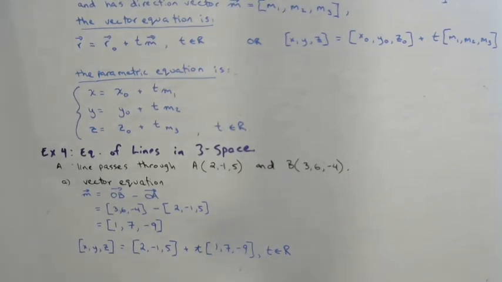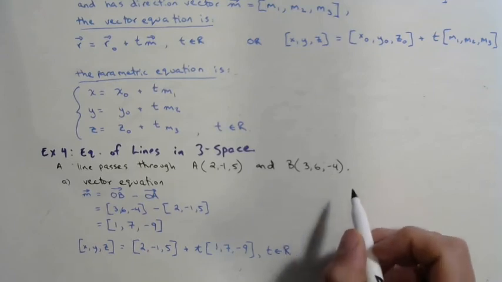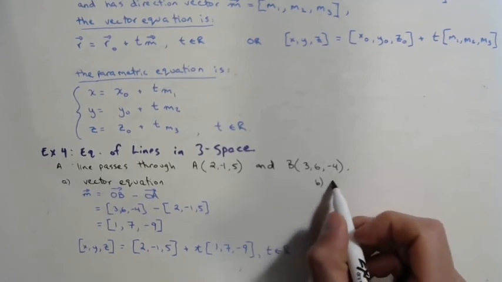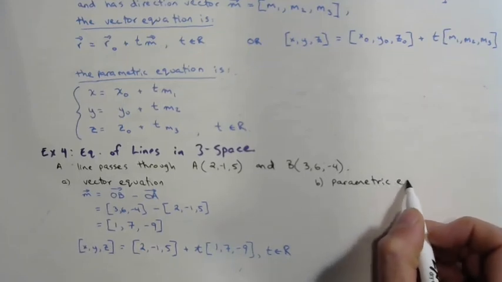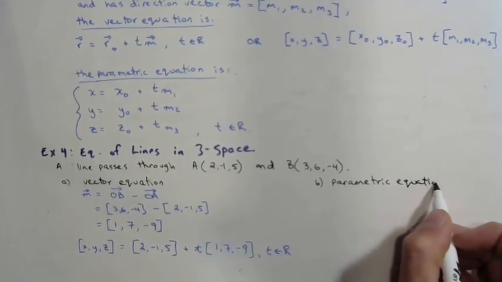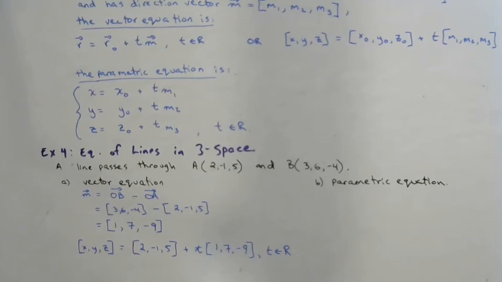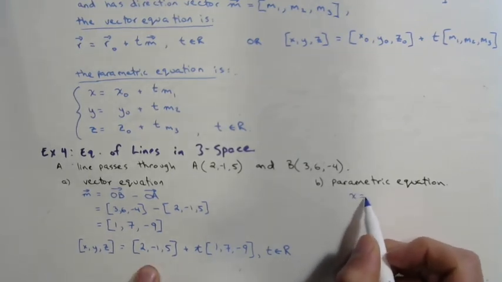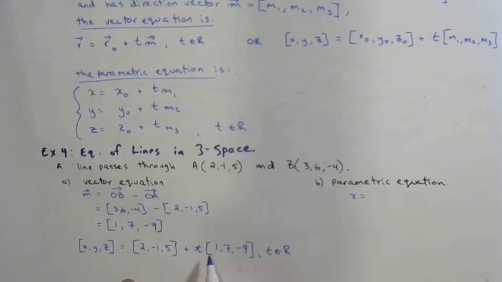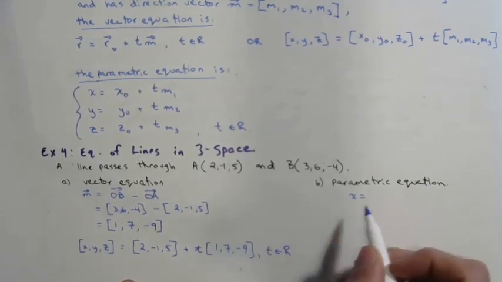Next step is part B, a parametric equation. So I need to break this vector into its component parts. Which means that I'm going to have x equal to 2 plus some multiple of 1.